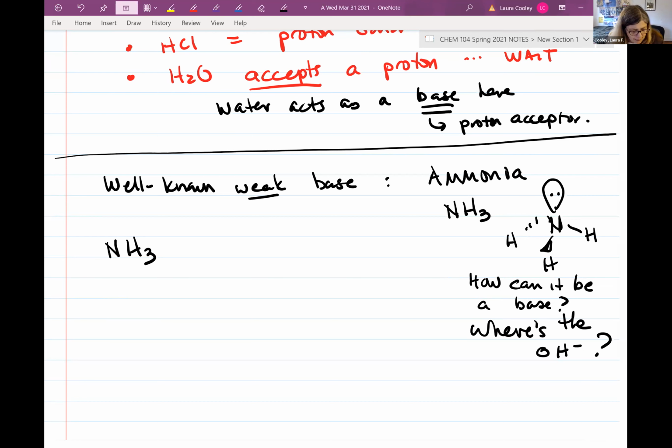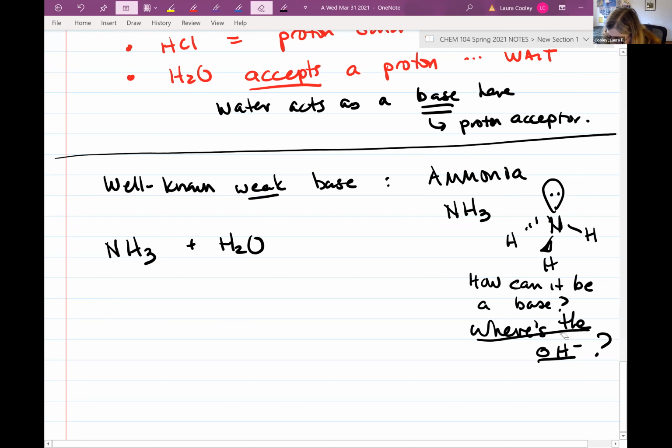But ammonia definitely is a base, a weak base, and it reacts with water. So the question is, where's the OH minus? How can it be a base? It reacts with water and acts as a base.